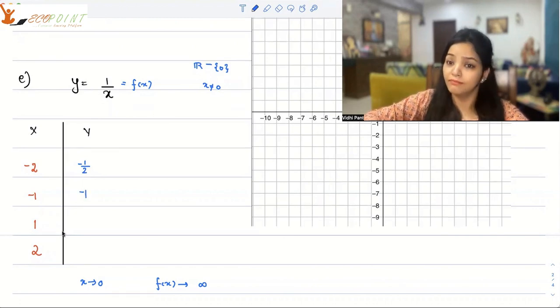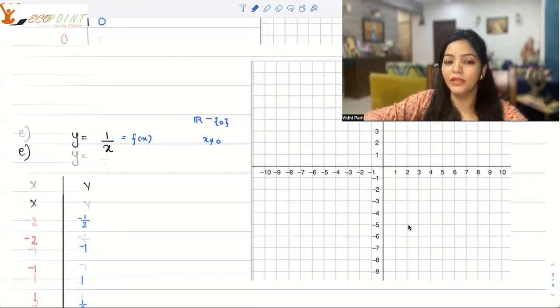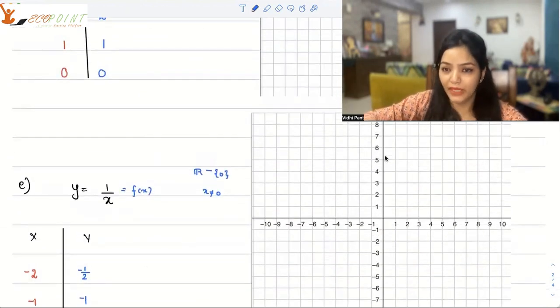Minus 1, the output I get is minus 1. Input is 1, output again is 1. Input 2, output is half. So if we look at the Cartesian plane here, I'm going to get 1, 1. I'm going to get minus 1, that's here.